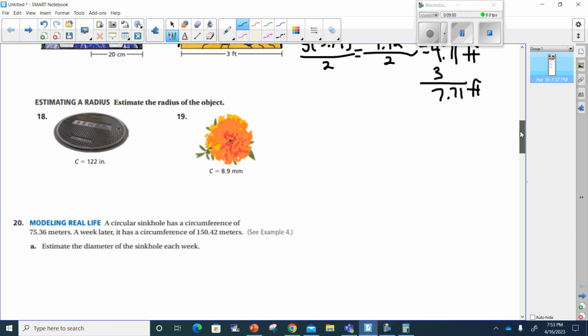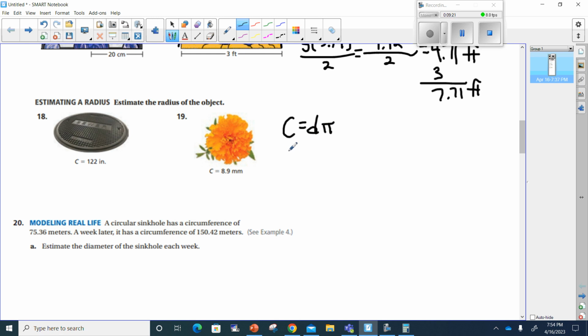All right, let's look at number 19. Next, it says estimate the radius of the object. Radius means what is it halfway across. The circumference is 8.9. Remember, circumference is equal to diameter times pi. And since we're looking for the radius, we know diameter is 2 radiuses.